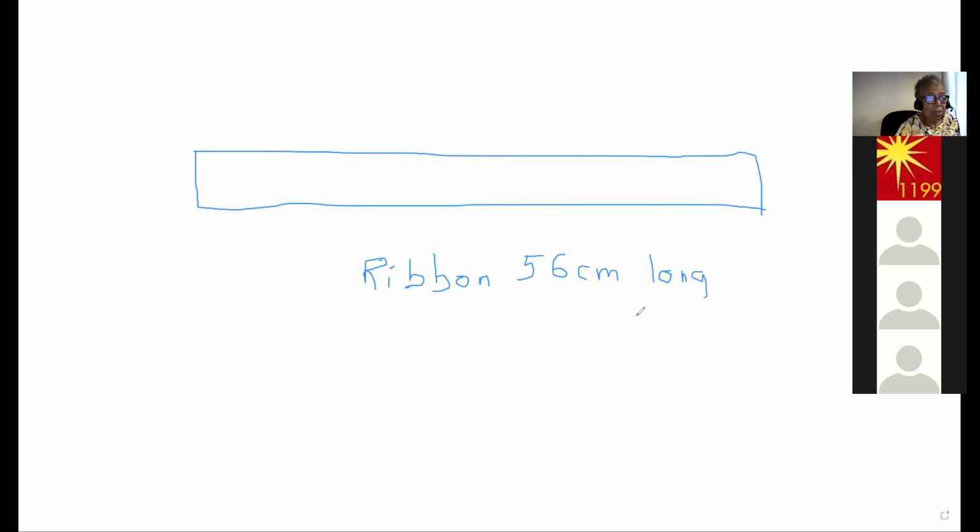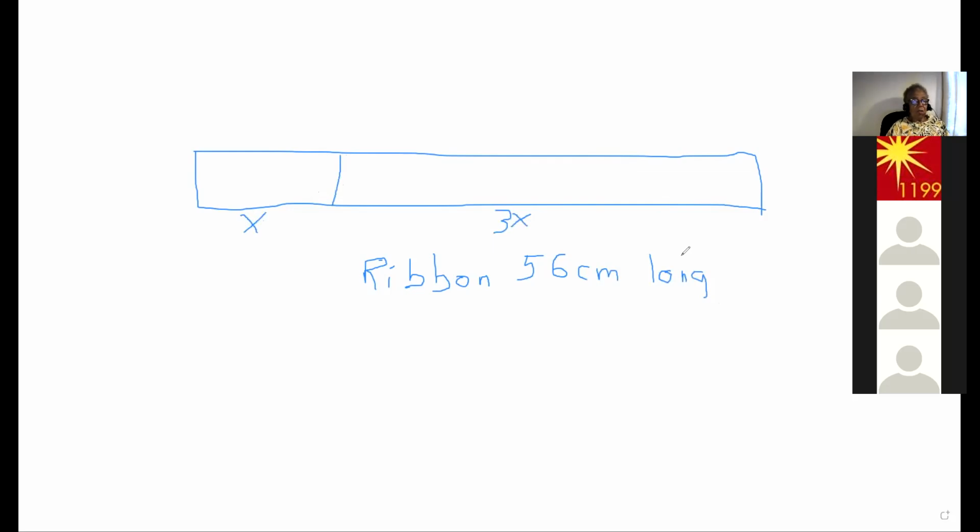So let's say this is one piece here, and this is X, and this is 3 times longer than X. So 3 times longer is a multiplication, 3X, right?